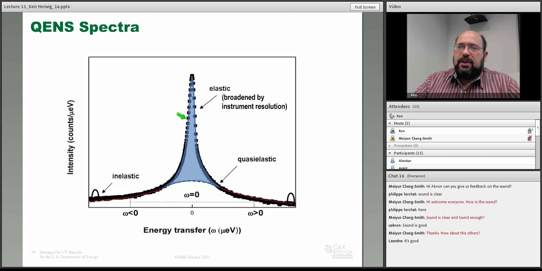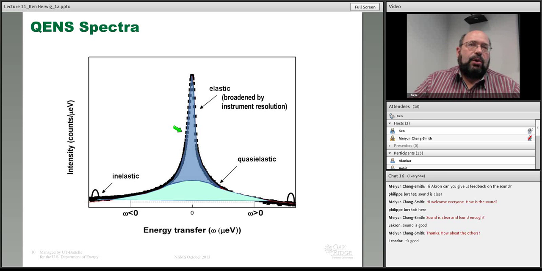And often, one of the things that you're concerned with is how much intensity there is just in the elastic peak. You then have a broadened component, which may often be Lorentzian or a sum of Lorentzians, and typically that's called quasi-elastic scattering. And it has a width, and the width tells you how fast the motion is.